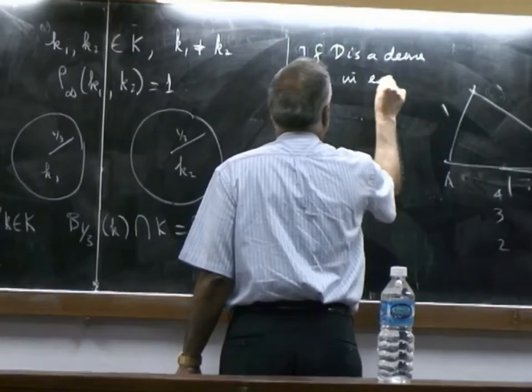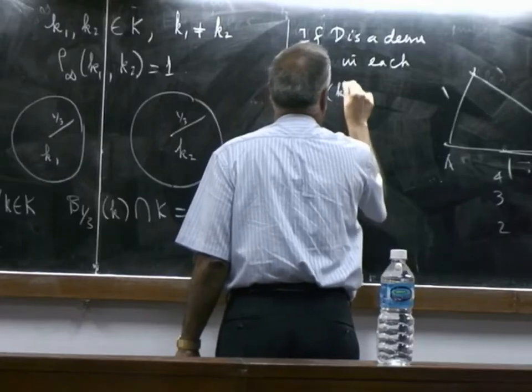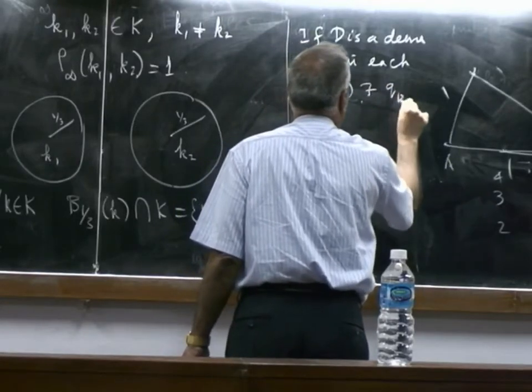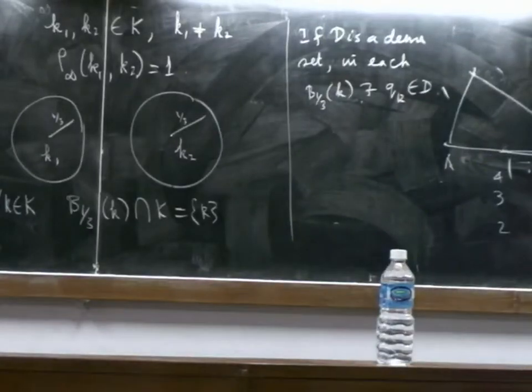In each ball B(k, 1/3), there exists a q_k belonging to D, because D is dense. If I take 2 different balls, the same q_k cannot appear in both because they don't intersect.